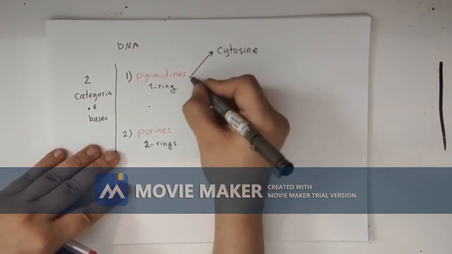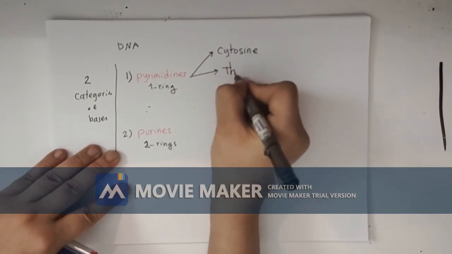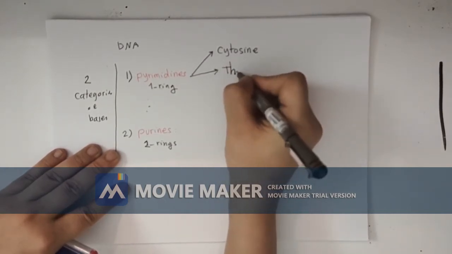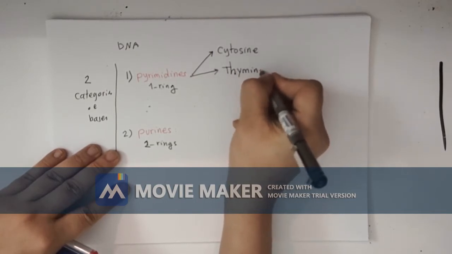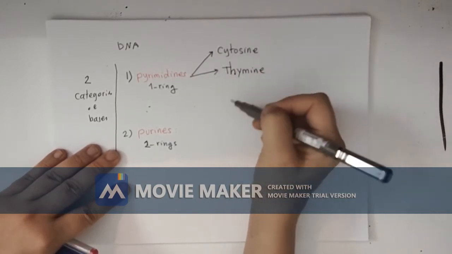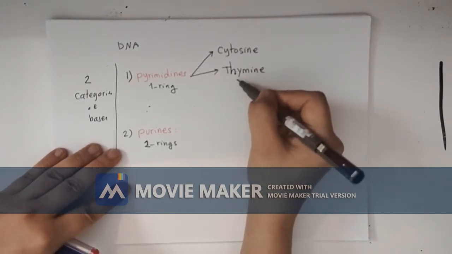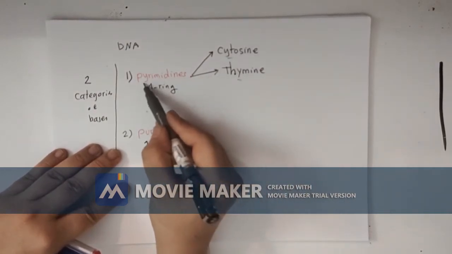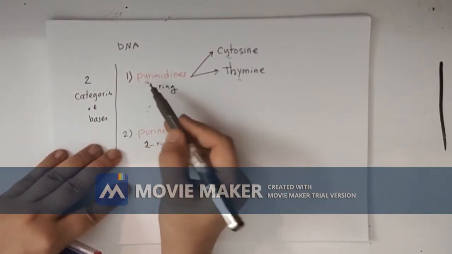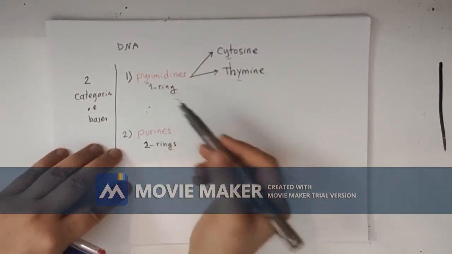The next one is thymine. Thymine also has Y. So these 2, because they have Y, go under pyrimidines. Both of them are 1 ring bases.